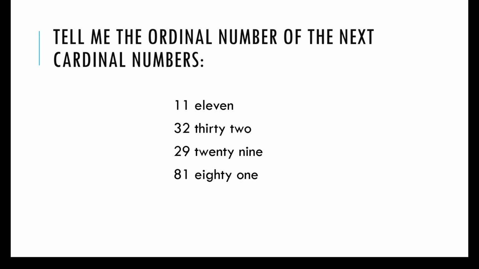Now 32, tell me the ordinal number, please. 32nd, very good. Then we have 29. Tell me the ordinal number, please. 29th, excellent. And finally, we have 81. The ordinal number is 81st, perfect.